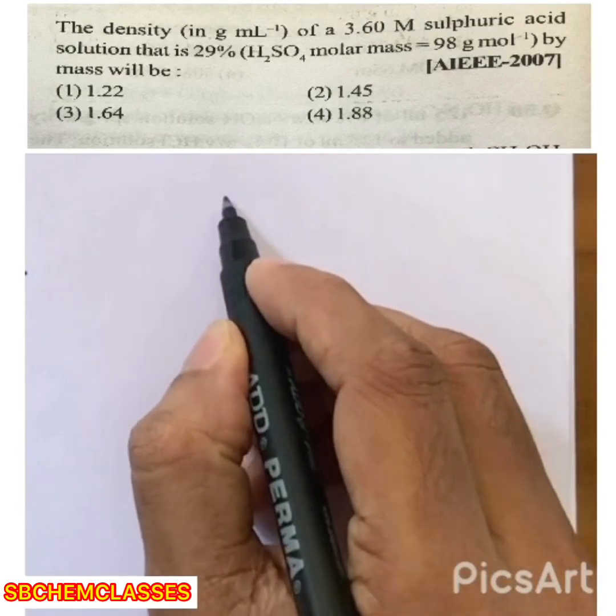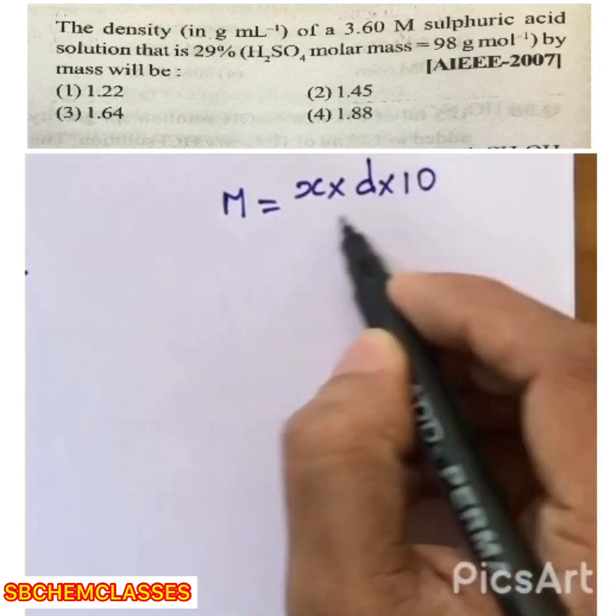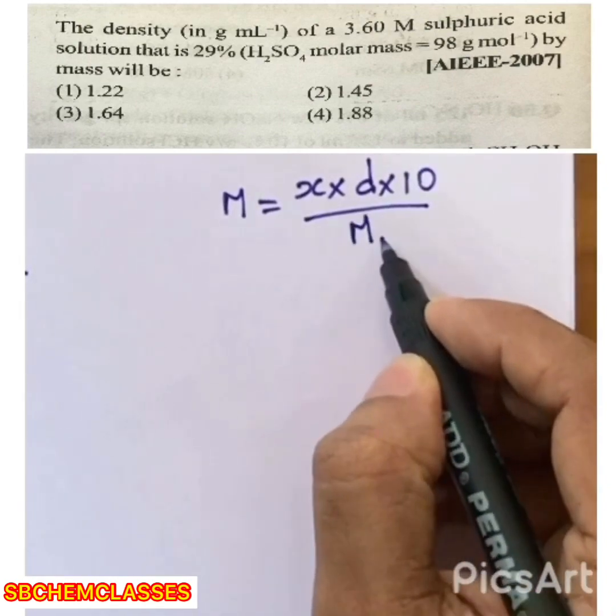Density of a 3.6 molar sulfuric acid solution that is 29% by mass will be? So in this question, density and molarity are given. We can use the equation: molarity equals x into d into 10 by mb.